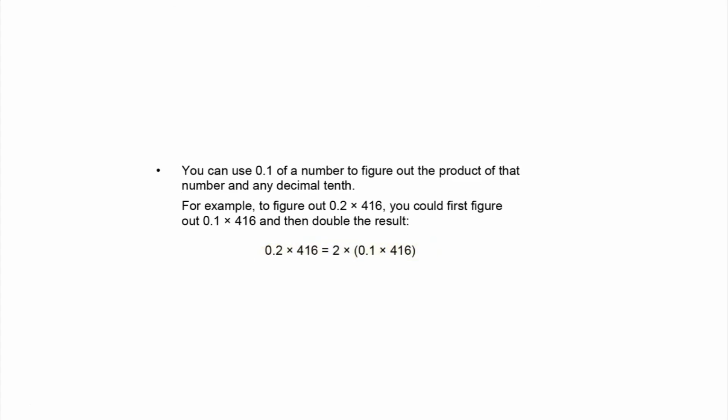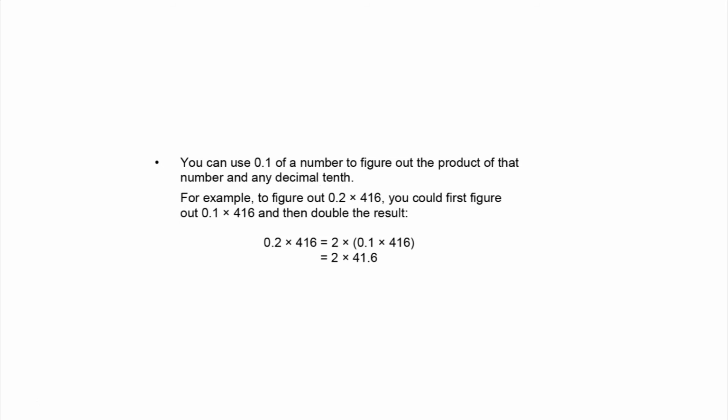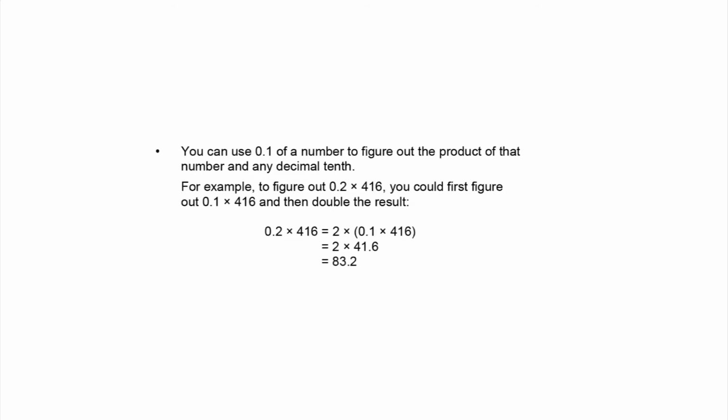So 0.2 times 416 is equal to 2 times 1/10, or 0.1, times 416. So that's 2 times 41.6, because we've taken the decimal place from the right-hand side of the 6 and moved it to the left-hand side of the 6. Then we can multiply the 41.6 fairly easily by multiplying by 2 to get 83.2.